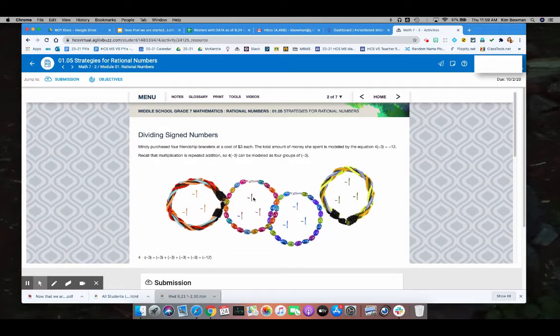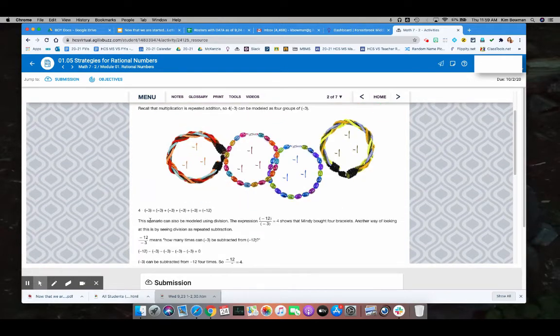There's a -3, there's a -3, there's a -3, and here's a -3. So when you do 4 times -3, it's the same as -3 plus -3 plus -3 plus -3, which you know to be -12. It could also be modeled using division.